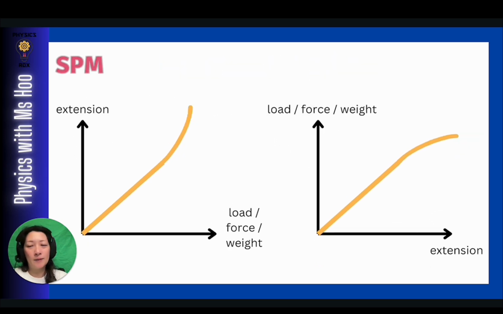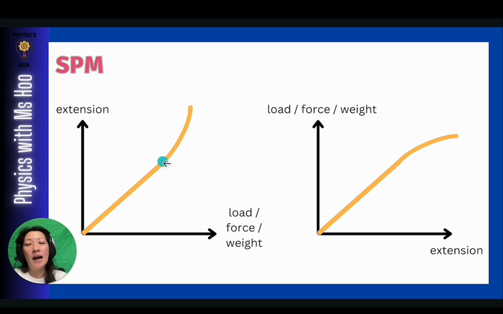So if you're taking SPM, the elastic limit is the maximum point where the graph is linear. That means if you're given this graph, look at the graph and find where the maximum point of linearity is. How you can find it is by placing a ruler, following the line of the graph, and you'll find that the graph will start to curve away from the line after a certain point.